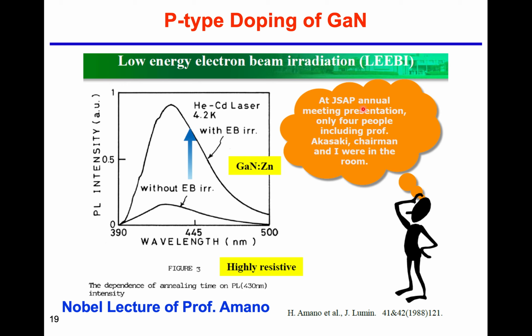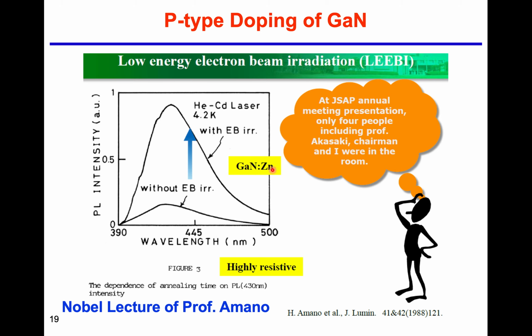So actually at that time that was mainstream for the blue LED using gallium nitride. So in that meeting presentation, only 4 people, including Professor Akasaki. Professor Akasaki is Professor Amano's advisor and chairman in that room. So at that time that was mainstream, but that is a very important finding.